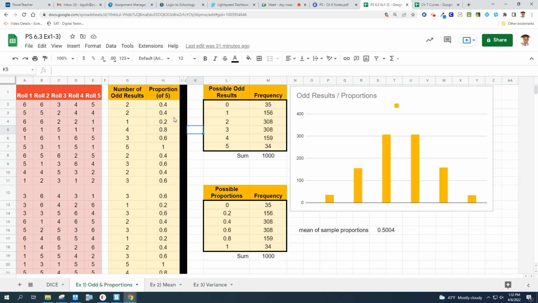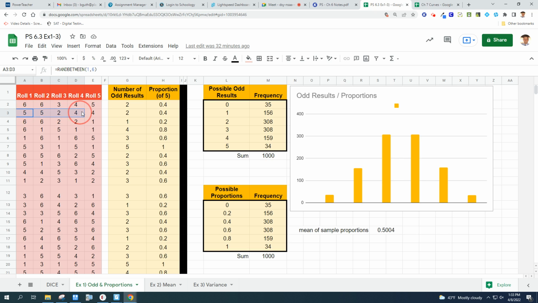Think about how many odd numbers you see. I see an odd number here and here. That's 2 odd numbers out of the 5 rolls. So the proportion is 2 out of 5, part over total. That proportion is 0.4.